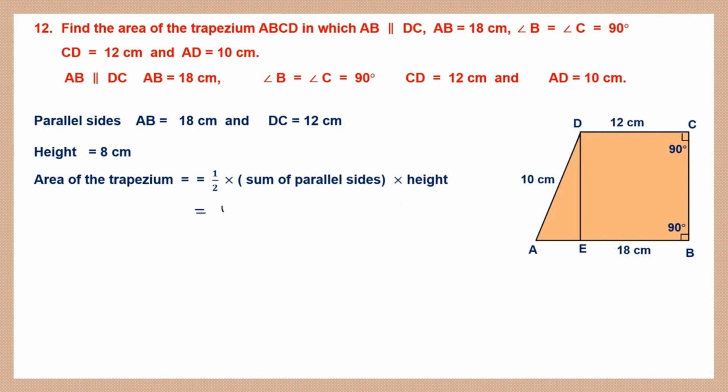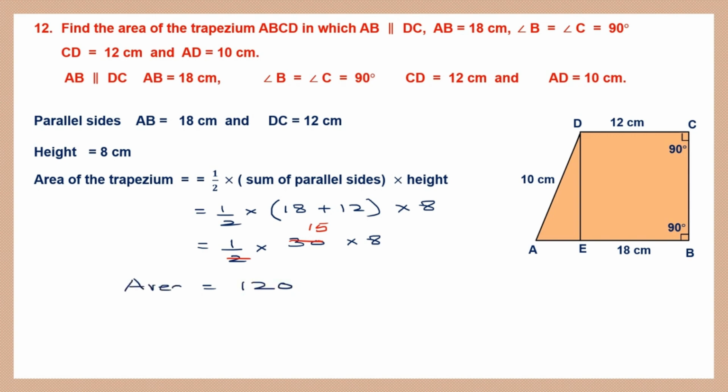So area is 1 by 2 into 18 plus 12 into 8, which is half into 30 into 8. We can cancel 2 and 30 to get 15, and 15 into 8 is 120. So the area of the trapezium is 120 centimeters square.